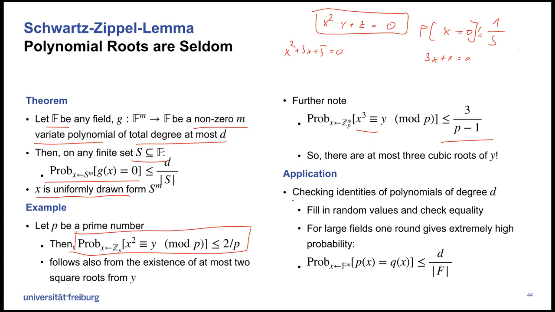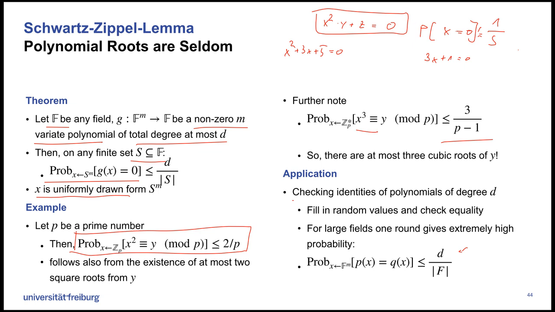Then the probability that they accidentally agree is the degree divided by the size of the set of real numbers. How many real numbers do we have? Infinitely many. So if they're the same, you see equality with probability 1, and they're accidentally equal with probability 0 even if they're not the same. Either they're the same or not, because if they're the same, then p minus q is the zero polynomial.